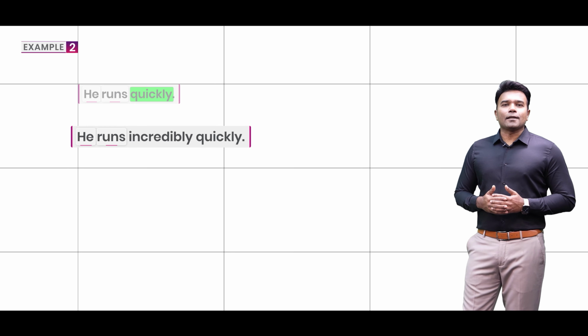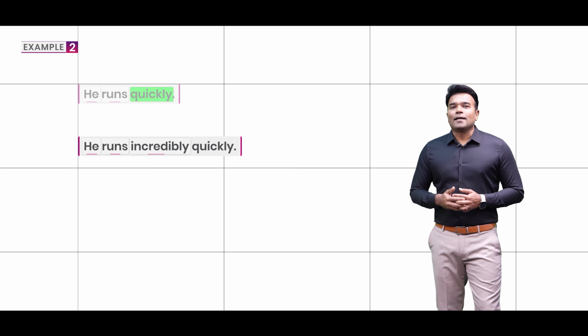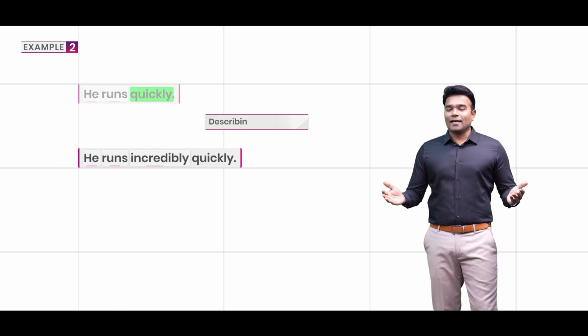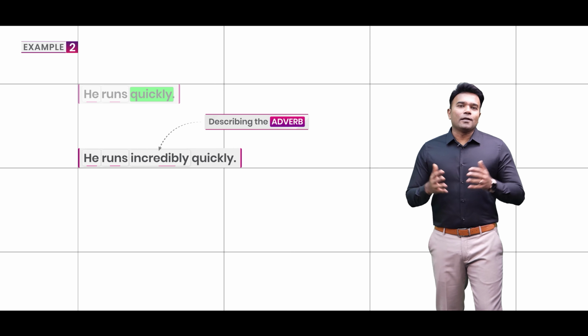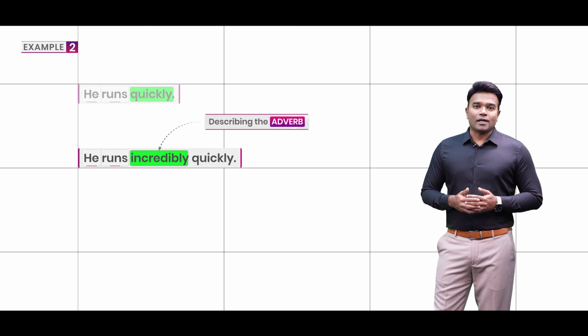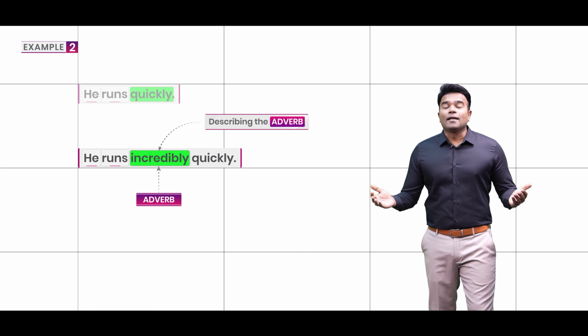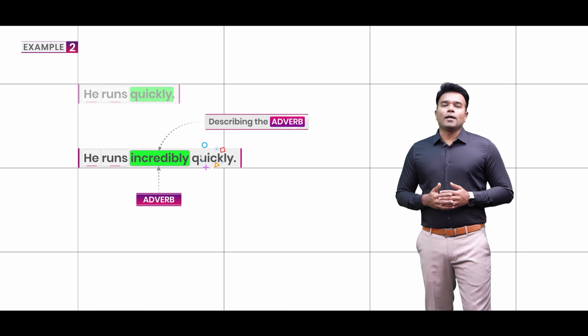He runs incredibly quickly. Here incredibly definitely is a word that is adding more meaning, giving us more information about how quickly he runs. In other words, here incredibly is an adverb which is giving us more information about how quickly he runs.